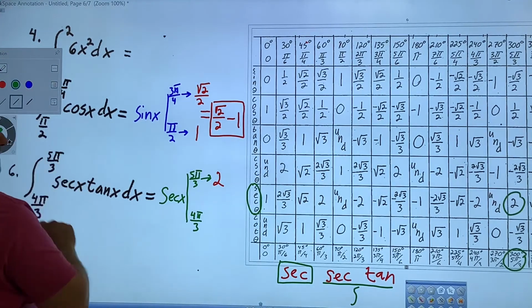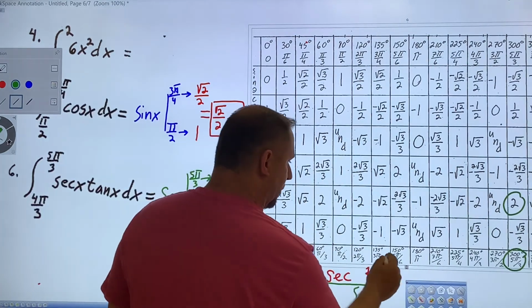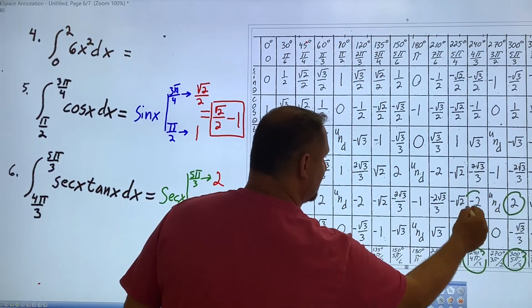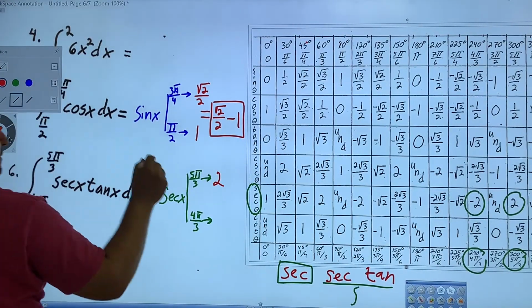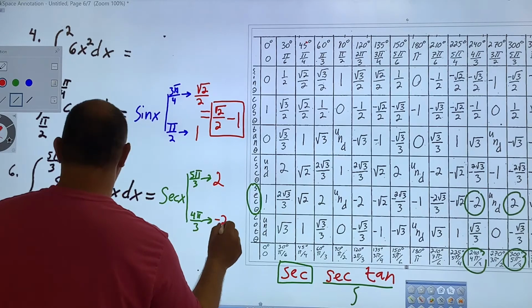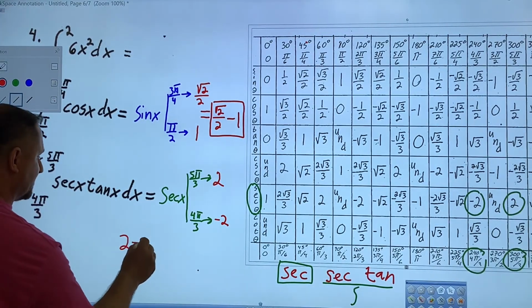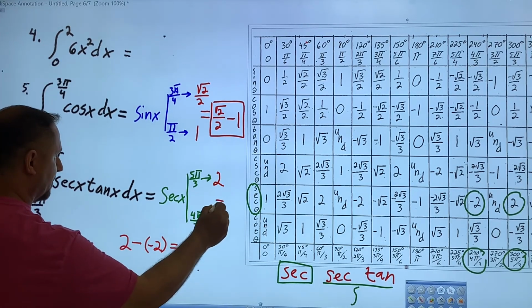So I scroll over until I find 4 pi over 3. There's 4 pi over 3. Secant of 4 pi over 3 is negative 2. Here comes the calculus. It's going to be 2 minus negative 2. So my answer is going to equal 4.